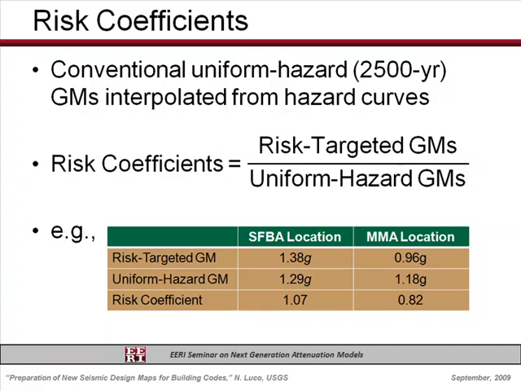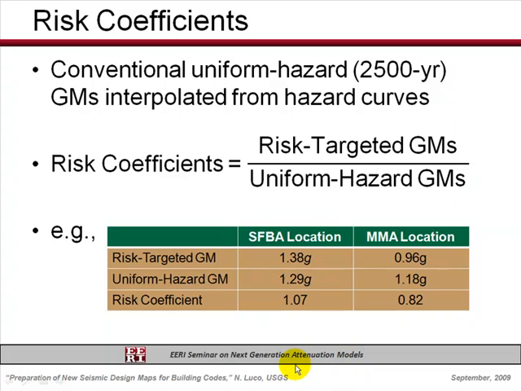For our example, the San Francisco Bay Area versus the Memphis metropolitan area, we calculated in the end that if we wanted a 1% chance of collapse in 50-year risk target, we needed a 1.38 ground motion for design, risk-targeted ground motion in San Francisco, and 0.96 in Memphis. The uniform hazard 2,500-year ground motions, which were the values we started that iterative procedure with, are 1.29 and 1.18 for the two cities. And so the risk coefficient is 1.07 for San Francisco, and for Memphis the risk coefficient is 0.82.